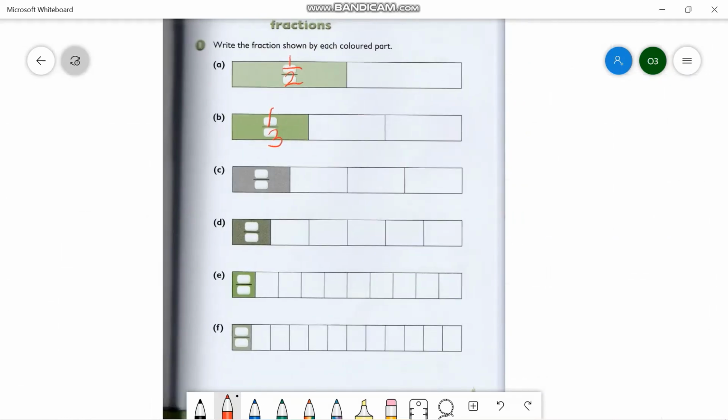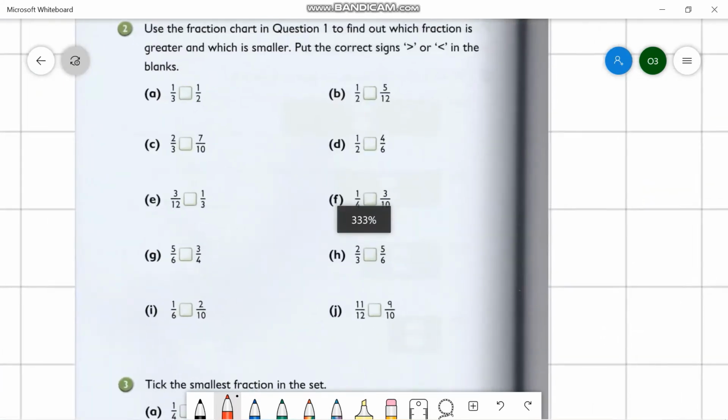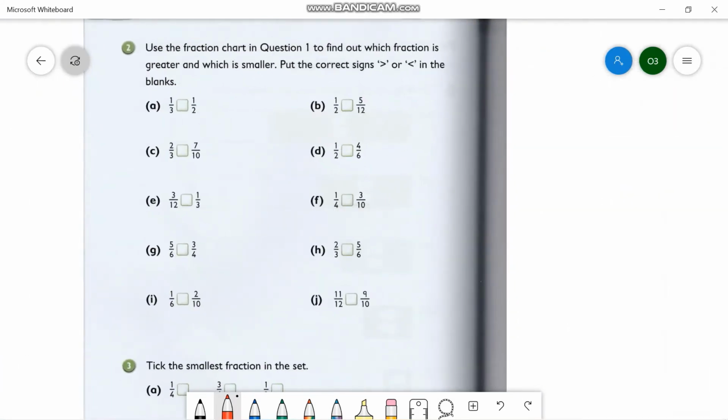Okay? Now let's go to number 2. Use the fraction chart in question 1 to find out which fraction is greater and which is smaller. Put the correct signs, greater than or less than, in the blanks. Okay, so here you have to complete the exercise number 1.